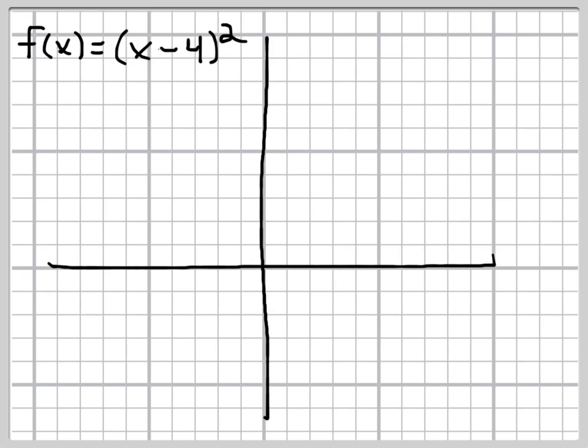And again, let me start with my parent function, x squared, so 2, 4, and -2, 4, and then I'm just going to kind of imagine where this goes up from here.